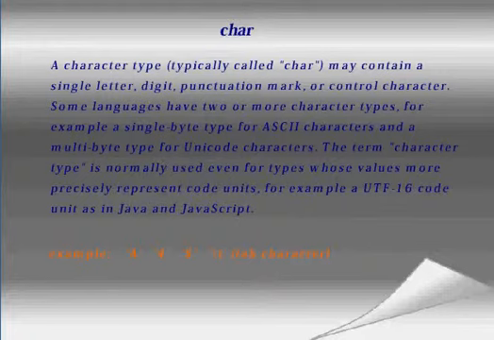The term character type is normally used even for types whose values more precisely represent code units, for example, a UTF-16 code unit as in Java and JavaScript. Characters may be combined into strings. Literals for characters are usually surrounded by quotation marks. Sometimes, single quotes are used for characters.